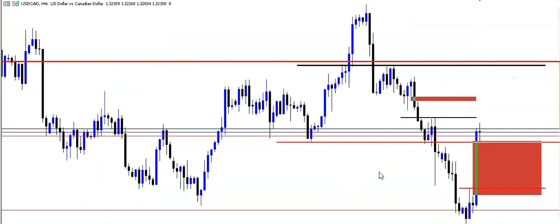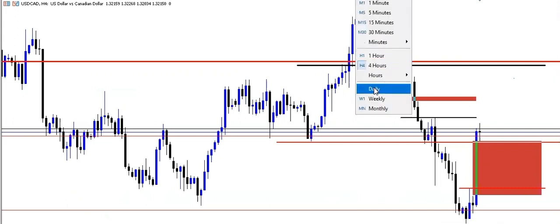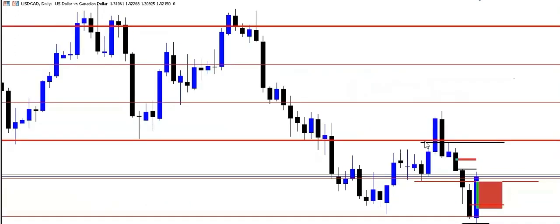Wow, USD CAD has left a very huge move. This is daily. So what I'm expecting on this pair is this. Already clearly we have a shift of structure from bullish to bearish.